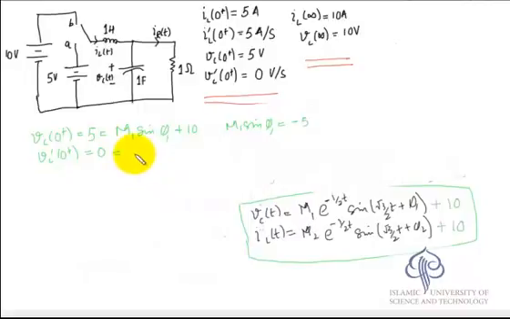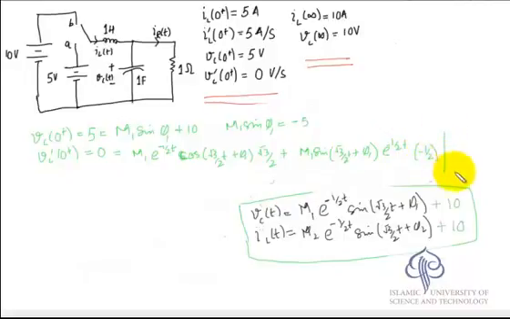So this is going to be M1 e to the power minus half t, differential of sine is cos, cos of root 3 by 2 t plus phi 1, into root 3 by 2, plus M1 sine root 3 by 2 t plus phi 1 into e to the power minus half t into minus half, and this has to be evaluated at t equal to 0. This is 0 plus, and this will be equal to 0.